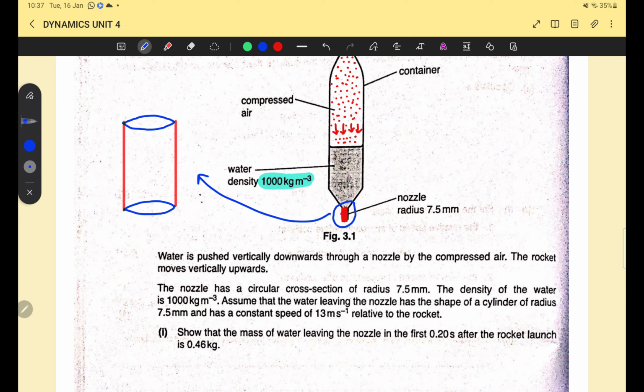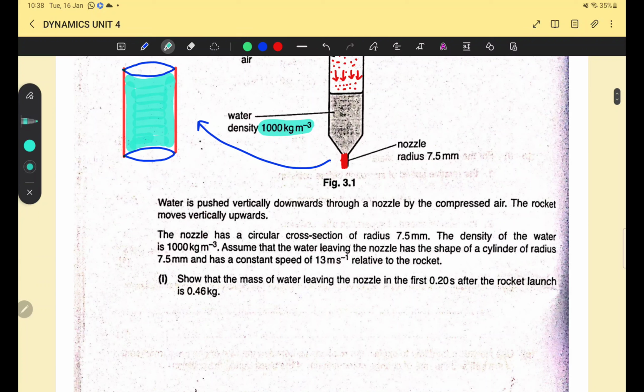So this kind of cylinder, it is a water cylinder, and this water cylinder is ejected out from the nozzle. They are asking to calculate the mass of water leaving the nozzle.